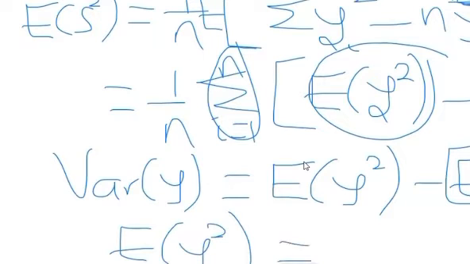It's going to be the variance of y plus the expected value of y, all squared. Now for the second one, the expected value of y bar squared is just going to be the variance of y bar plus the expectation of y bar.